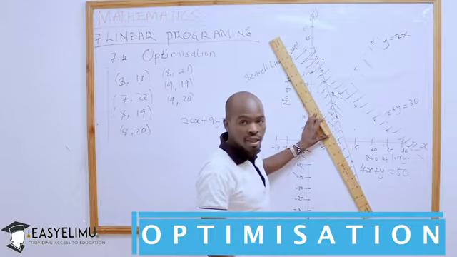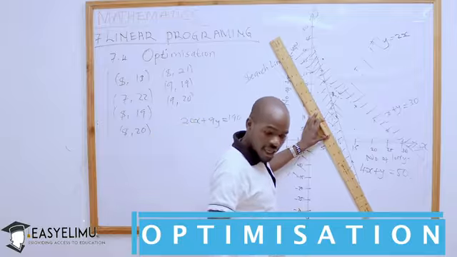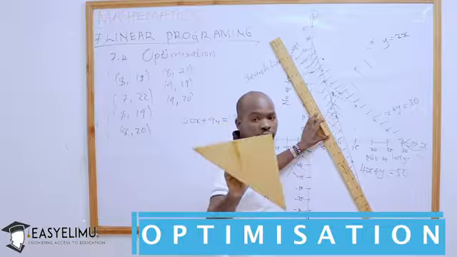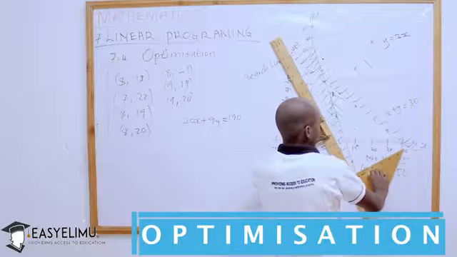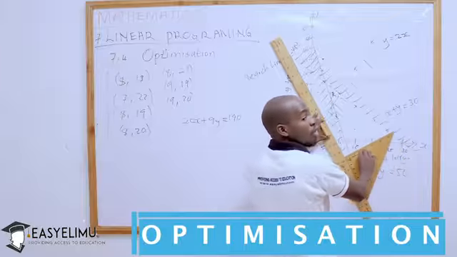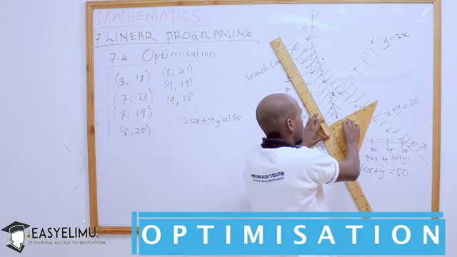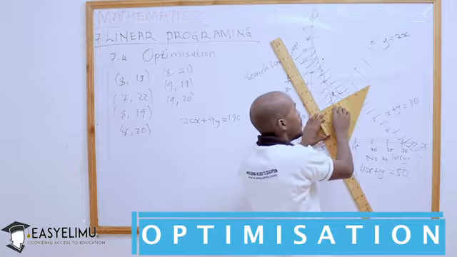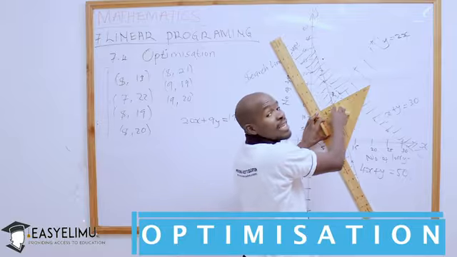Then using your set square, slide it along that ruler in this direction as you move closer to the region which you require to maximize or minimize. You slide until you find the minimum point, the feasible point closest to the search line.